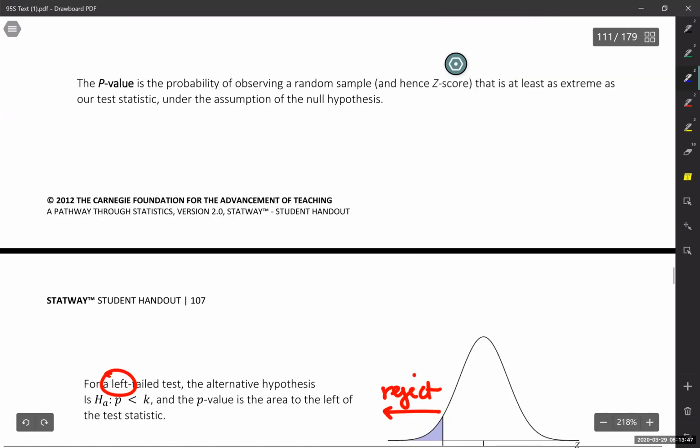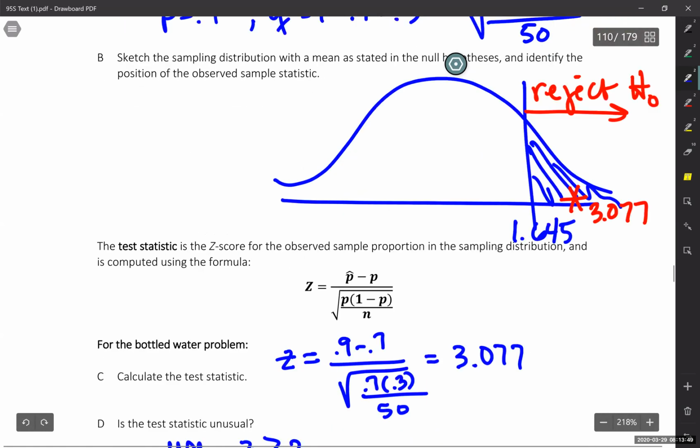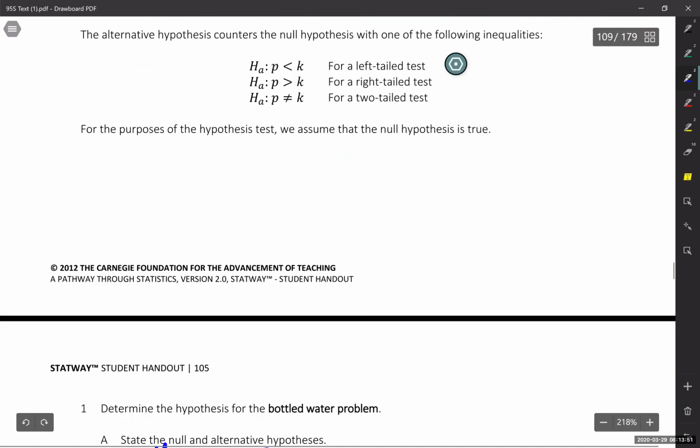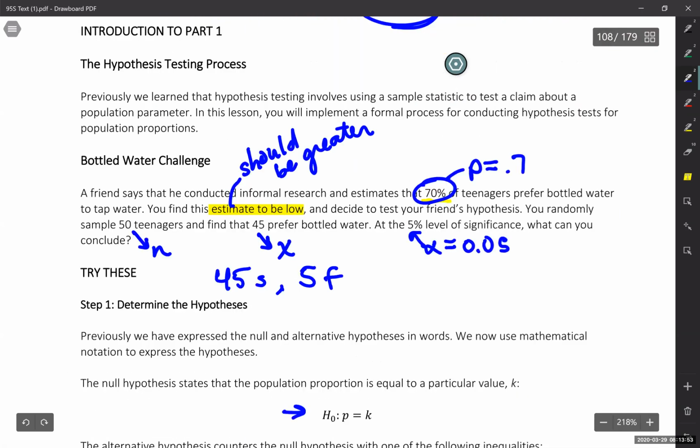It seems a little awkward English-wise to say we're supporting the claim that the estimate was too low. I don't know if this sounds weird. So we could just rewrite the alternative.